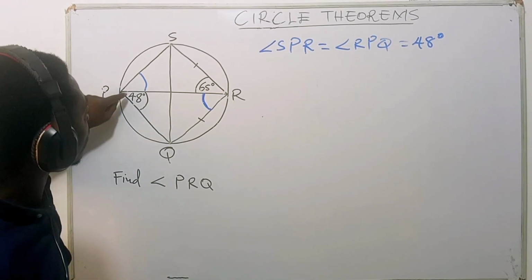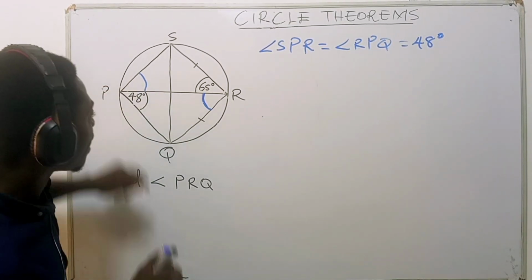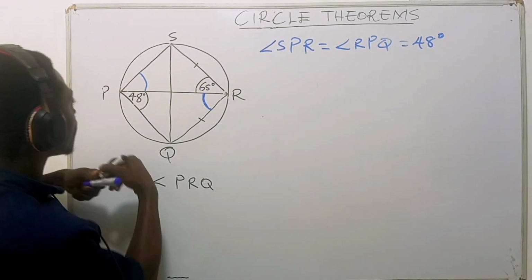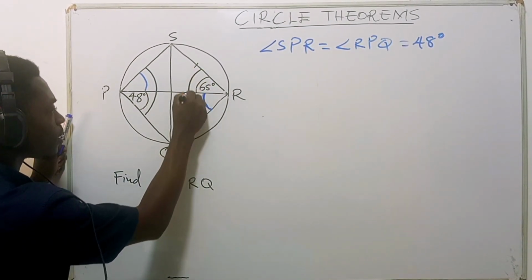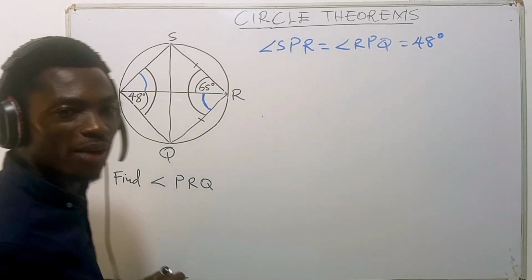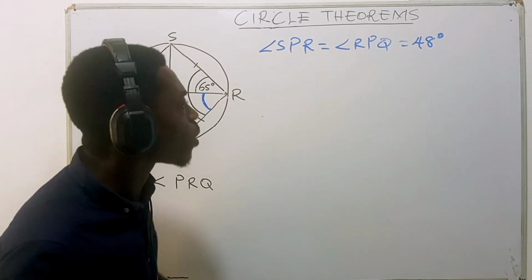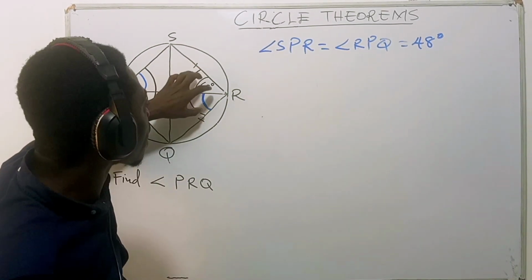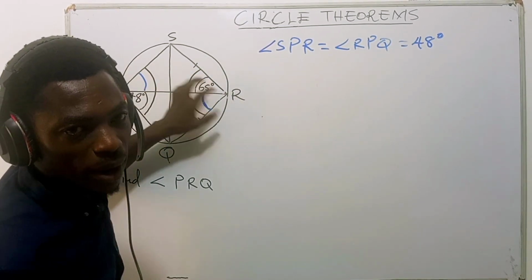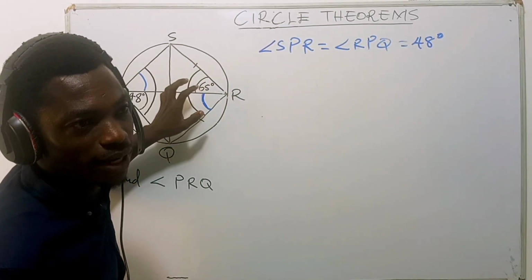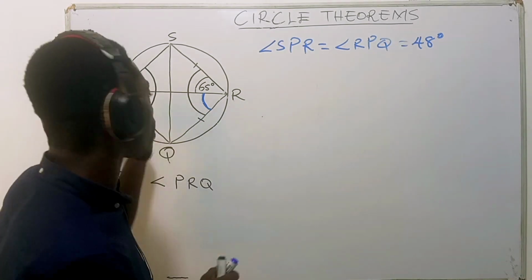Then we move on. Now, because we know this angle over here, it means that when we sum these two angles like this, we should get 180 degrees. Why? Because we said the angles a chord subtends at the opposite side of the line segment sum up to 180 degrees, all right? They are supplementary, so they sum up to 180.